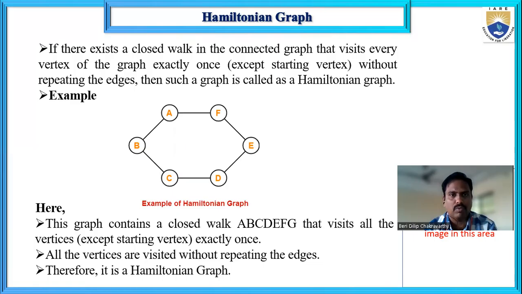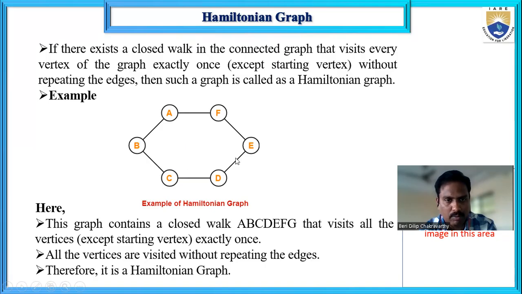If there exists a closed walk in the connected graph that visits every vertex of the graph exactly once, except the starting vertex, without repeating the edges, then such a graph is called a Hamiltonian graph. If you observe here, from A, I can move to B, C, any edge.